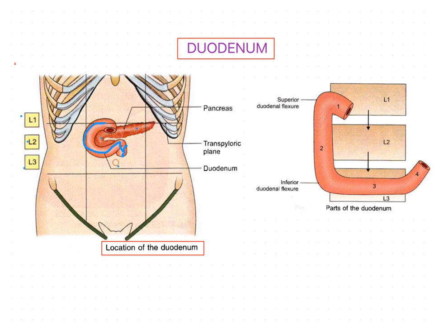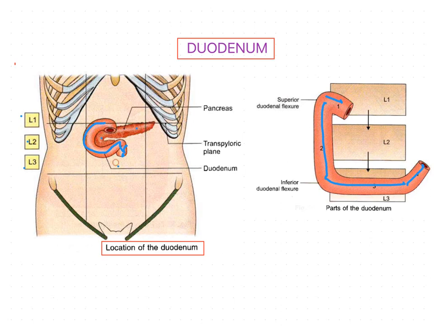If you look at the length and parts, the duodenum is 25 centimeters long and is divided into 4 parts. The first part is called the superior part, the second is the descending part, the third is the horizontal part, and the fourth is called the ascending part.